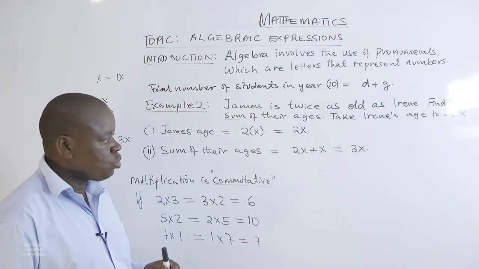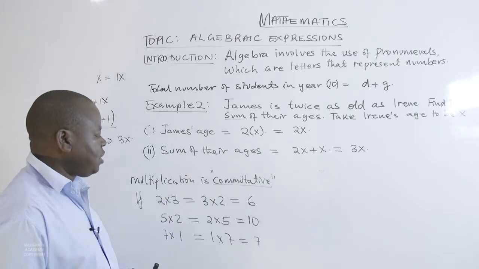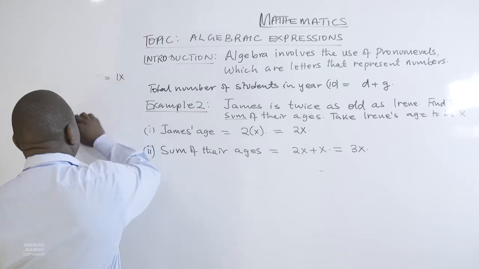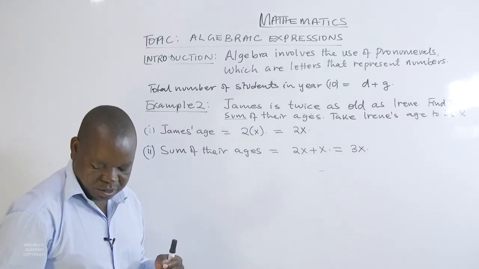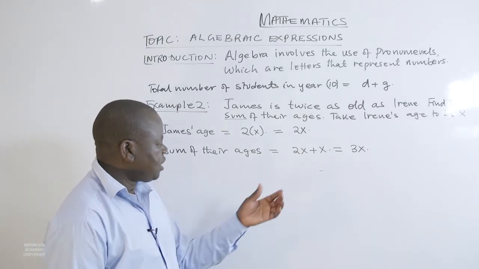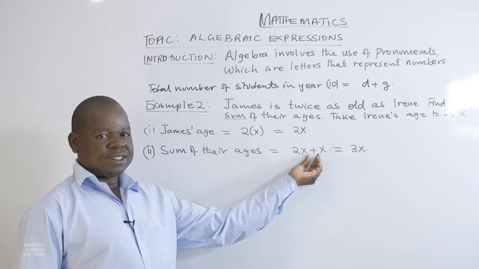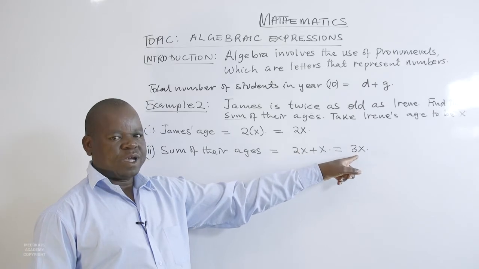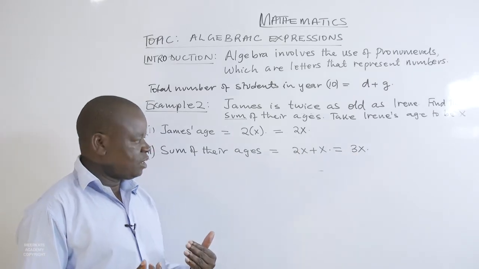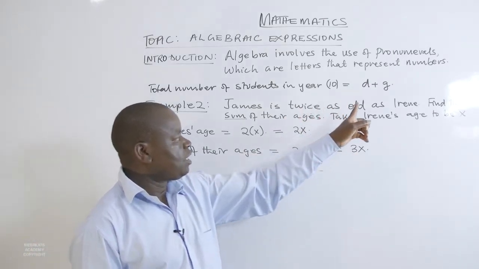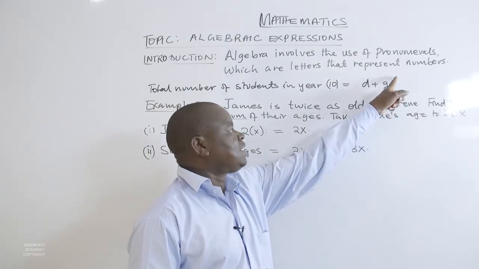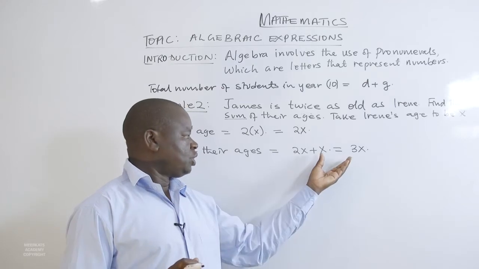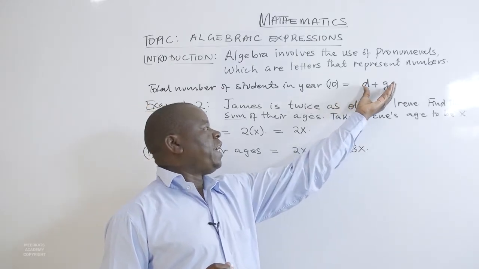That is what we do to get the sum of the ages of the two persons. So when the pronumeral is the same, we add so that we simplify. But if they are different, in a case where we are using d plus g, it just remains as d plus g. So we don't go ahead to simplify.